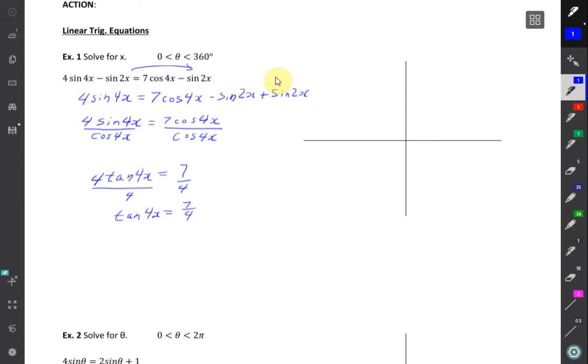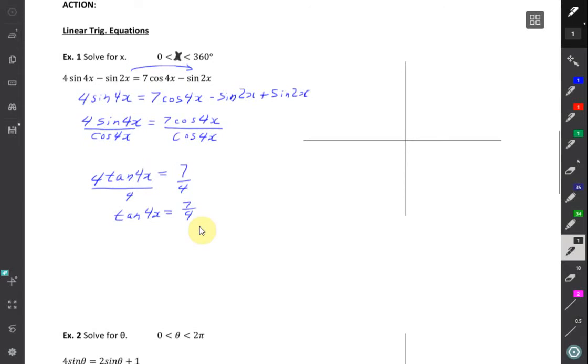Now, before I continue, I need to think about this limit up here. I see that it says theta, but really it should be an x, so I'm going to change that quickly. So we have 0 is less than x is less than 360, but we have a 4x. We're going to use the strategy for solving a double inequality and multiply everything by 4.